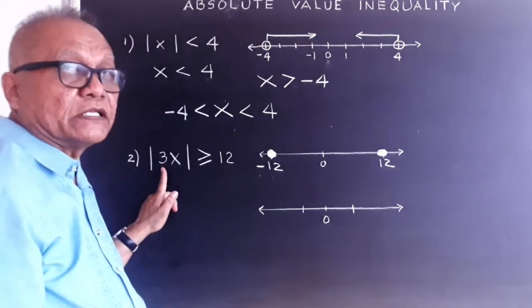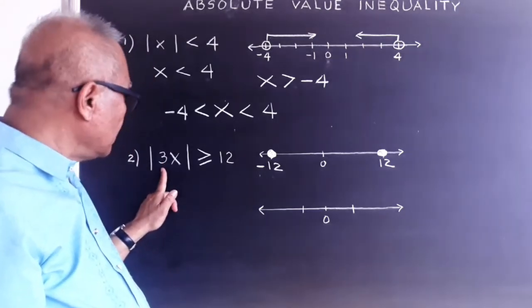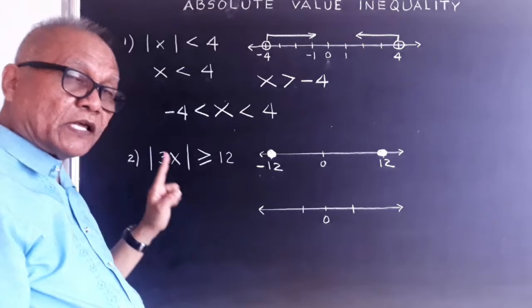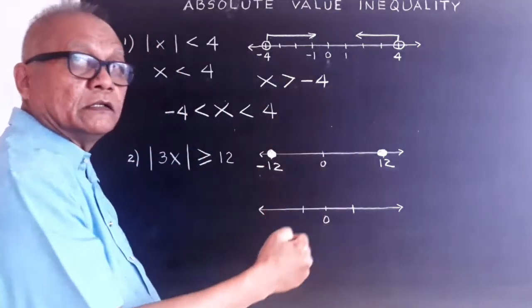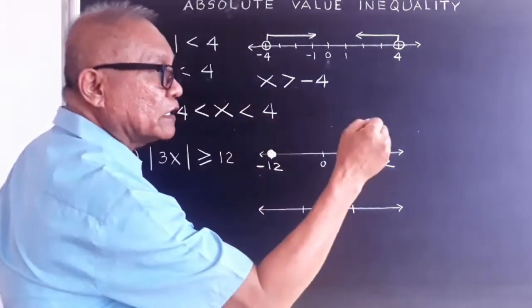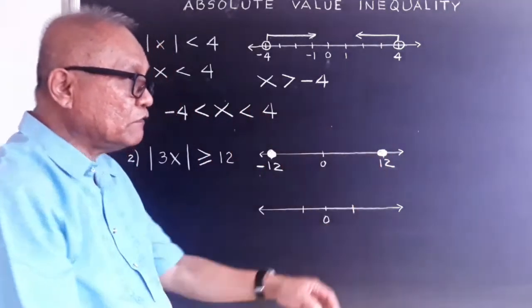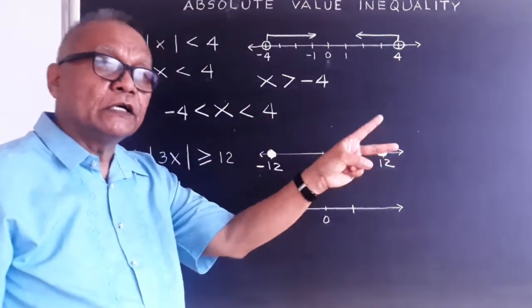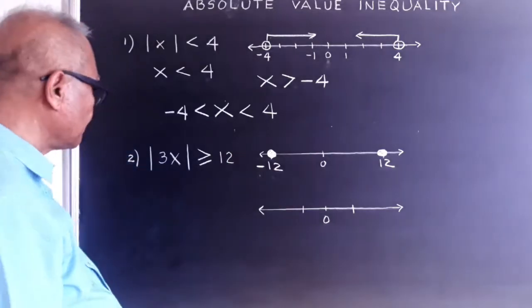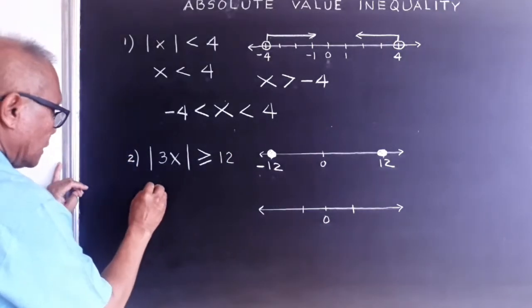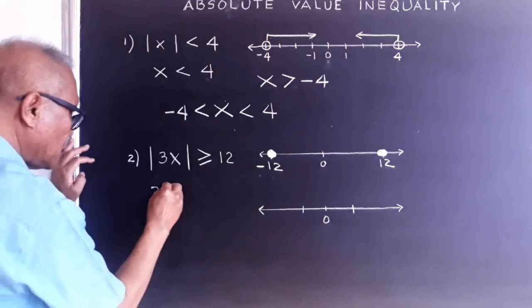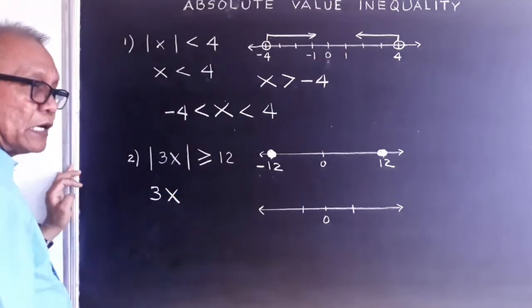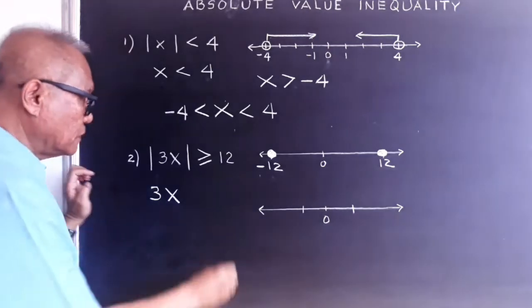But we have a 3 here, so we need to remove this one. When we remove the absolute function, there is a positive and there is a negative. Once you use the negative, you change the orientation of the inequality. So here, I'm going to remove the absolute function symbol. Okay, I'm going to do first the positive.